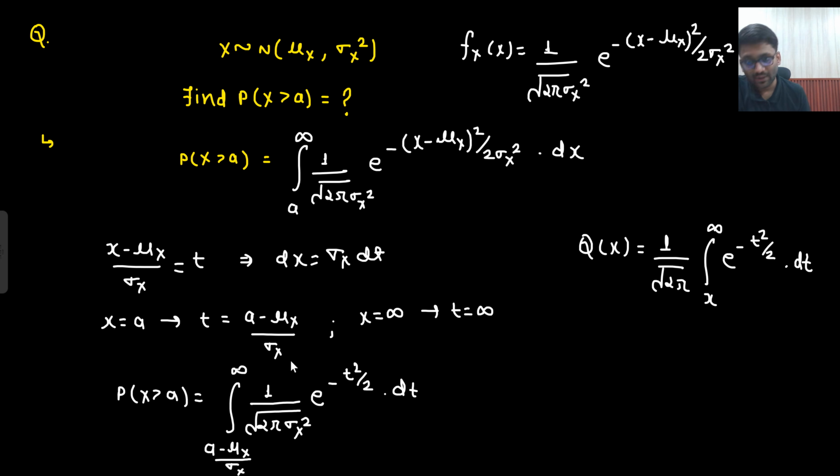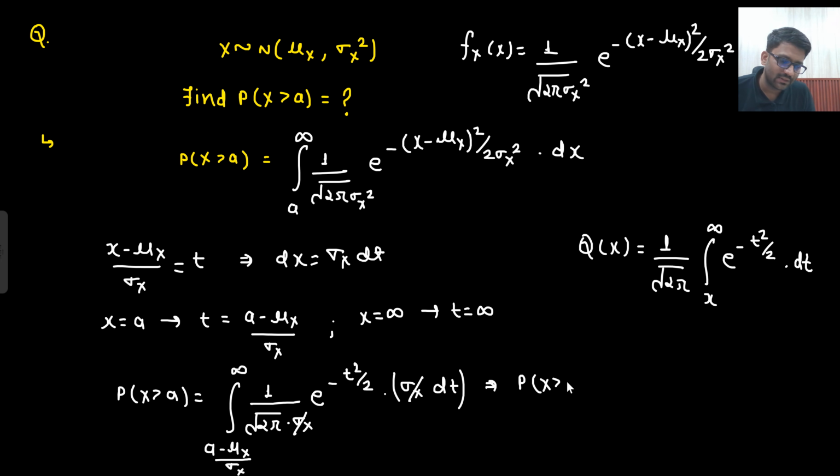Here I made a mistake. In place of dx you need to put sigma x into dt. Just a very simple derivation. So here this was 1 upon under root 2 pi sigma x square. If I take out the under root, this sigma x and sigma x get cancelled out. So what you are getting?